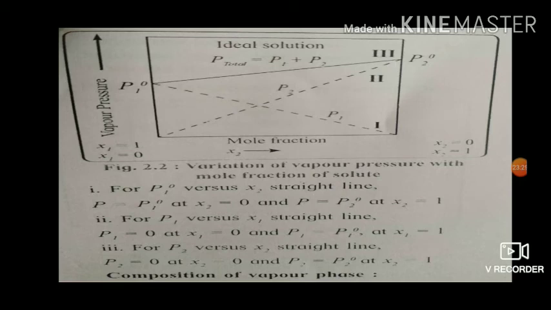when x1 is equal to 1 or x2 is equal to 0, and x1 is equal to 0 and x2 is equal to 1. These conditions are as we consider only one volatile liquid in the first case.